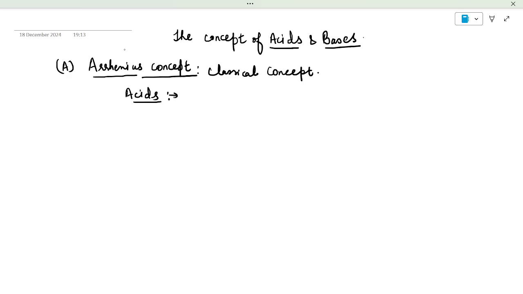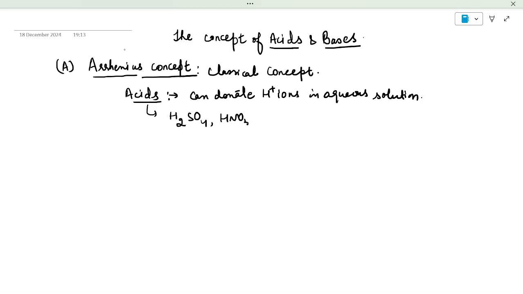According to this concept, acids are those substances which can donate H positive ions in aqueous solution. In aqueous solution, the substances which produce H positive ions are called acids, and it includes various mineral acids like H2SO4, nitric acid, HCl, and organic acids also, like acetic acid, formic acid, HCN, hydrogen fluoride, etc. All these substances dissociate when water is added to them.